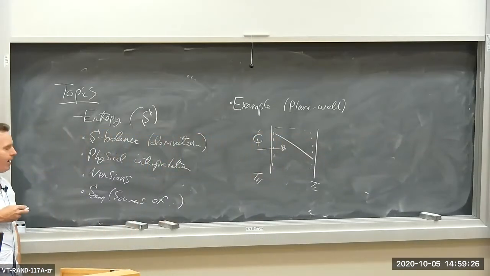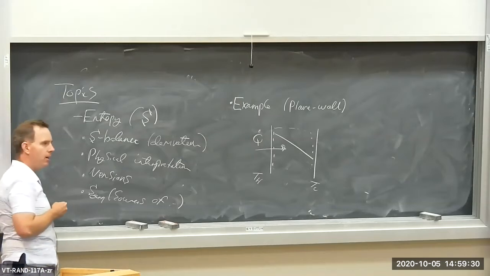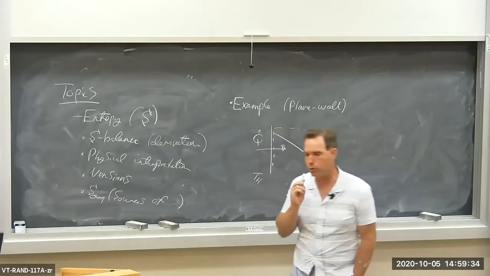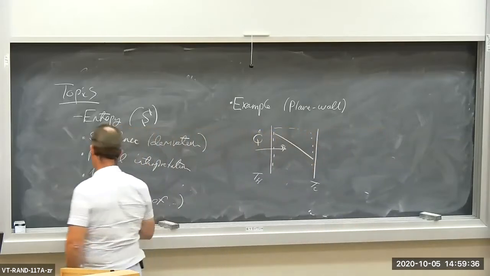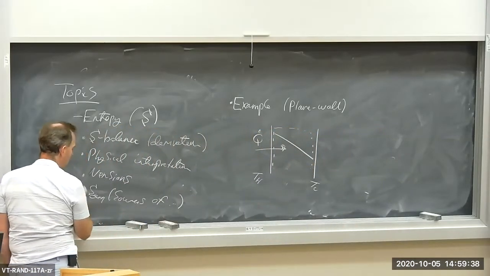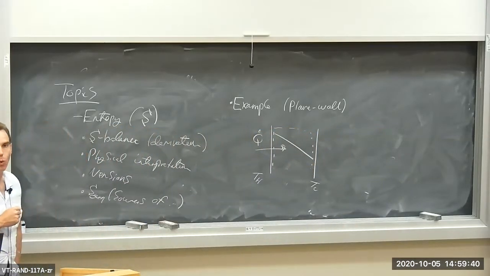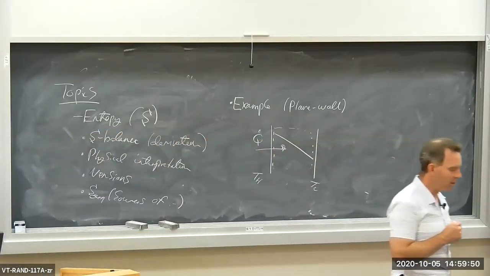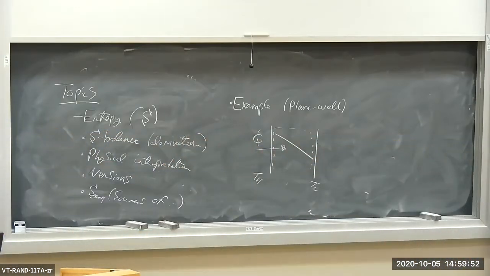Then we're going to look at how to interpret this new term. I told you the entropy balance is going to look a little bit strange. One of the reasons it's going to look strange is because you have this entropy source term. Entropy can be generated due to irreversibilities within the system. Remember the second law about reversible versus irreversible processes?